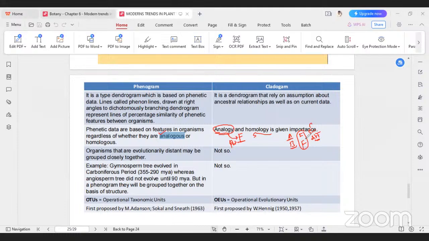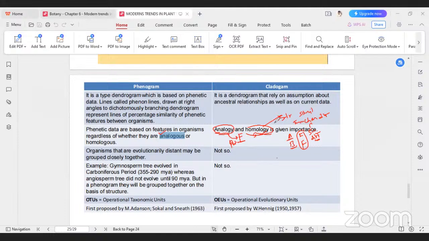That is analogous. In homologous, it is the reverse: structure similar, function different. Homologous means structure similar, function different. Analogous means function same, structure different.